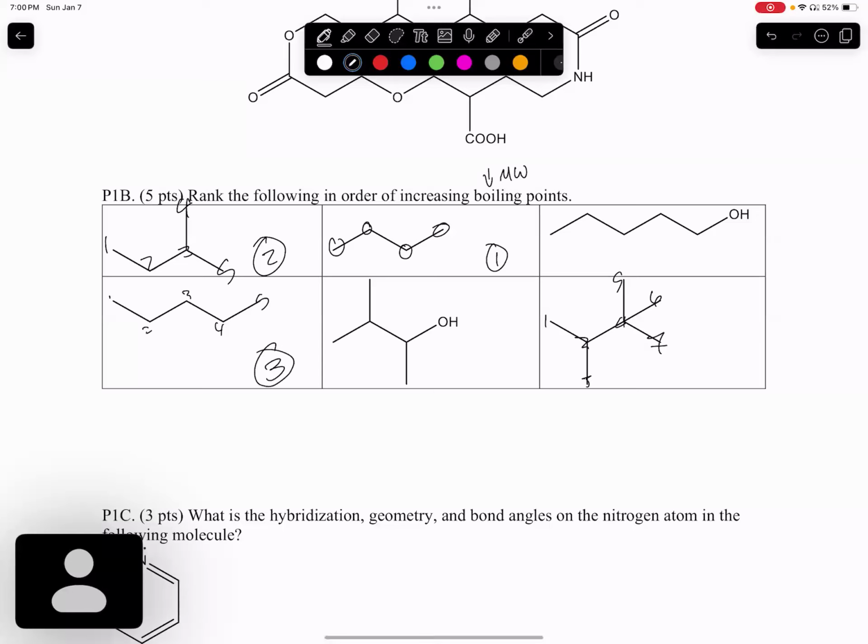And then C. And then F would be 4. How about if we compare C and E? E would be lower. Why? Because more branching, correct. So E would be 5 and C would be 6. Okay, good stuff.